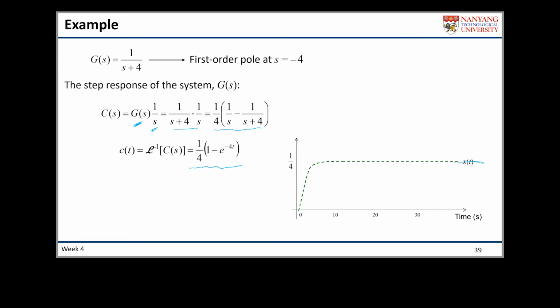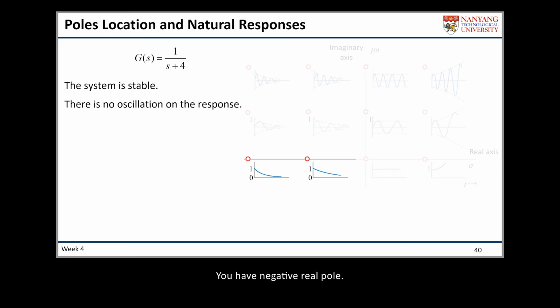So you can conclude that if you have a negative real pole, your response is not oscillating, and your system is stable. Negative real pole, no oscillation, and stable. If you refer back to the pole location map, this is what you will get: a negative real pole, the response is not oscillating, but the output is converging to one particular value. So this is how you interpret the pole location map.